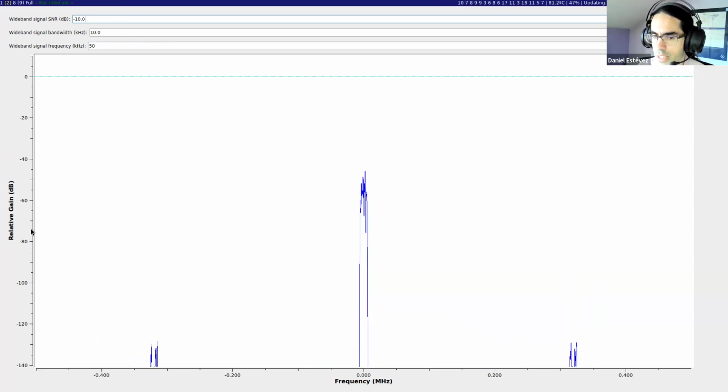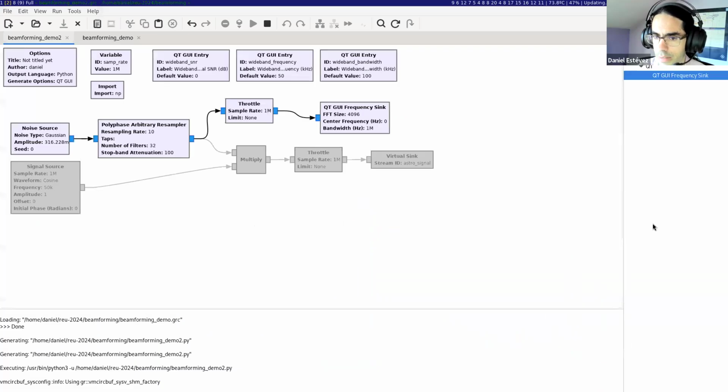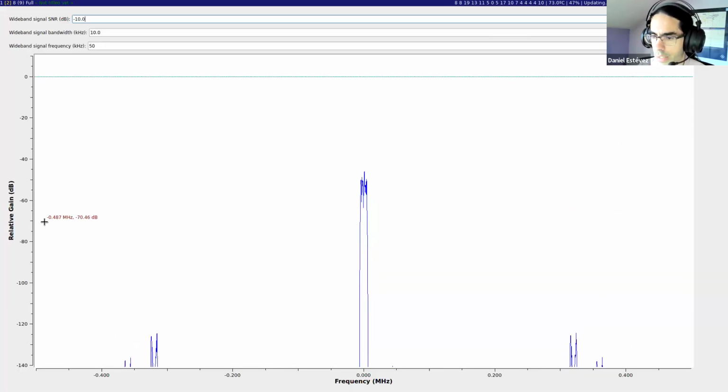What I'm missing here is the noise, and I will talk about it in a little bit. So I also have a GUI entry to set the signal frequency, and this is currently disabled. It's 50 kilohertz in here, but you can see this is at 0.